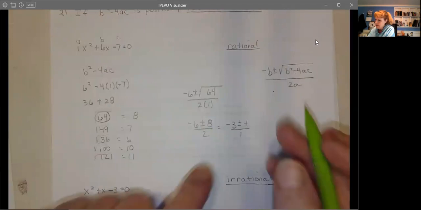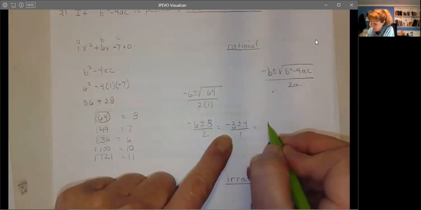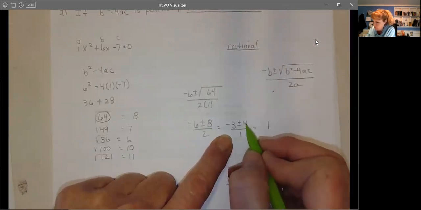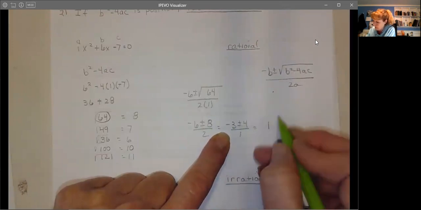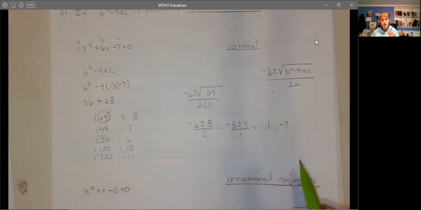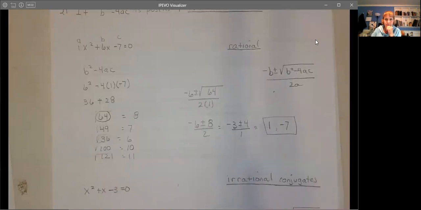So we take negative 3 plus 4, and there's one of our solutions. Negative 3 plus 4 is 1. Negative 3 minus 4 is a negative 7. So I have 2 real rational solutions.